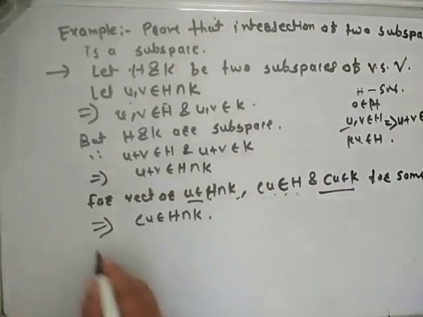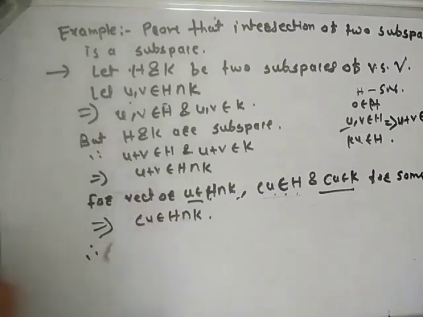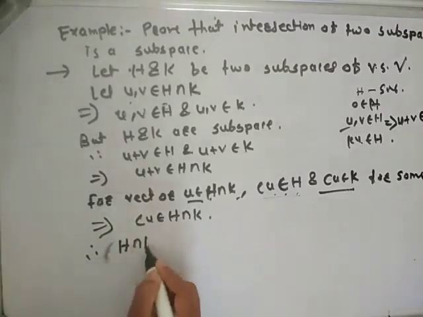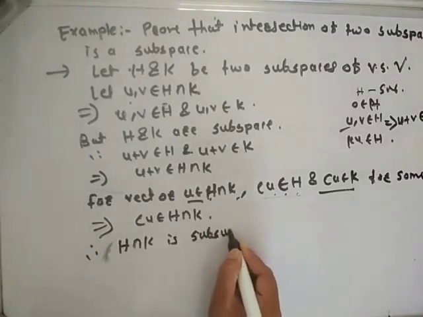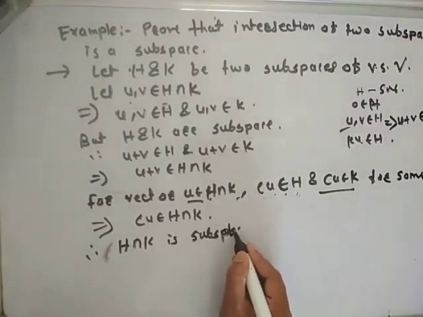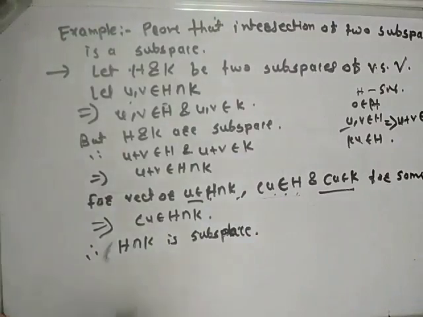Therefore, H intersection K is a subspace, or the intersection of two subspaces is always a subspace.